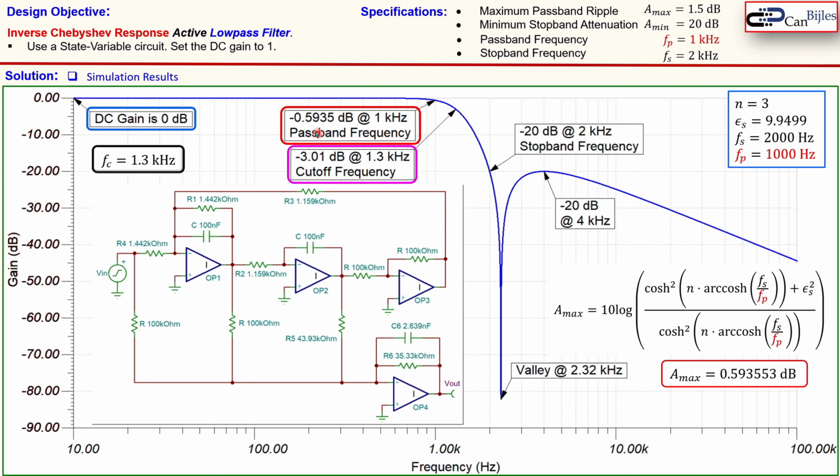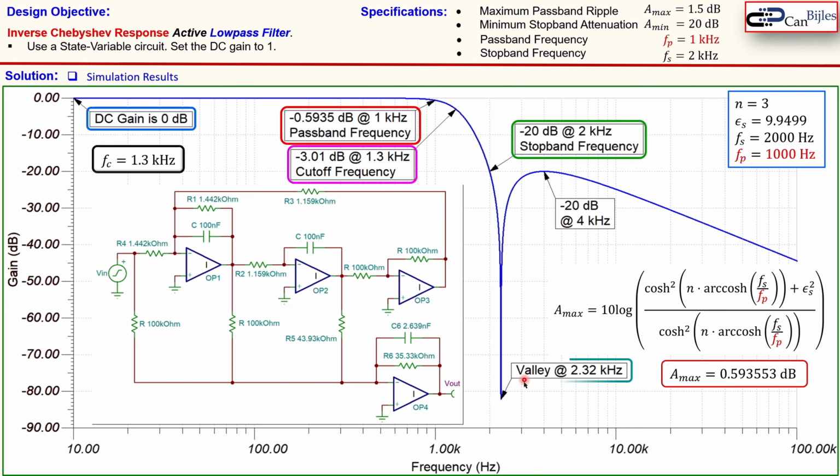This is of course what we have also here, so that's indeed as we have seen in the simulations. We also see at 2 kHz, that was our stop band frequency, that the gain is minus 20 dB. So you see here indeed that the passband frequency and the stop band frequency will produce the exact required stop band attenuation of 20 dB, or minus 20 dB in the gain values.